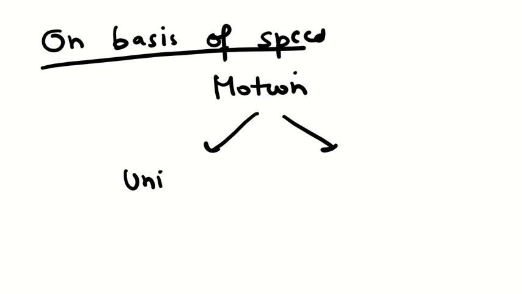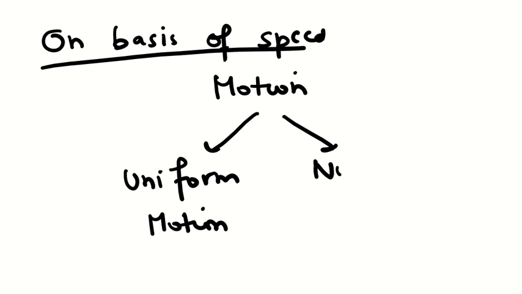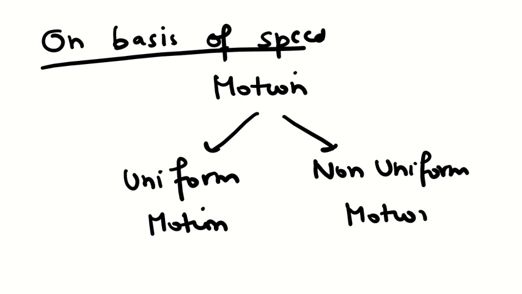First is called uniform motion, and the second is called non-uniform motion, right? I have said there are two types of motions on the basis of speed. First is uniform motion, second is non-uniform motion.